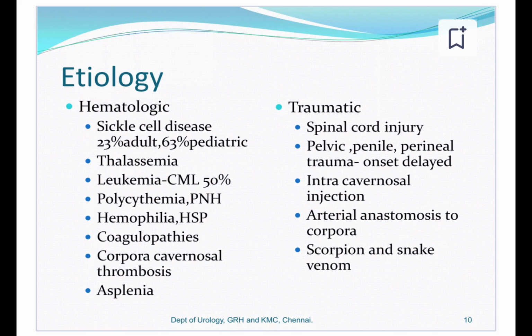There are some infections producing toxins, which are toxin mediated, that lead to ischemic priapism. That includes scorpion sting, spider bite, or rabies. There are some metabolic disorders that can lead to ischemic priapism, which include amyloidosis and gout.